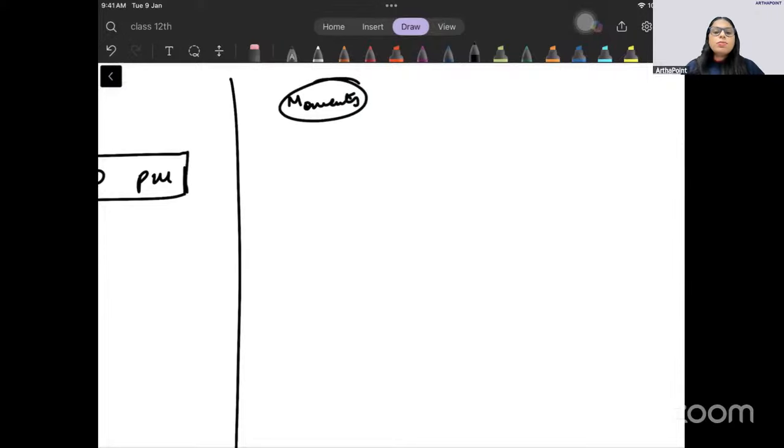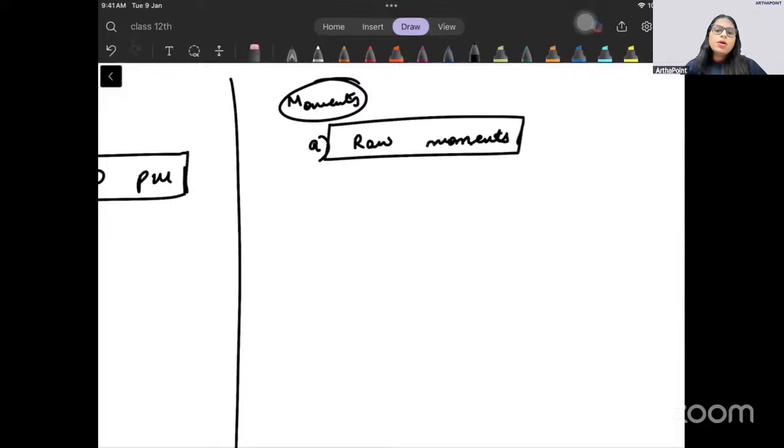Now, when we talk about moments, first we want to understand what are raw moments. A raw moment is any moment when we find the direct moment. Direct moment means when we just find the expected value. Expected value means we just find the mean in a way. So the raw moment can simply be written as the expected value.